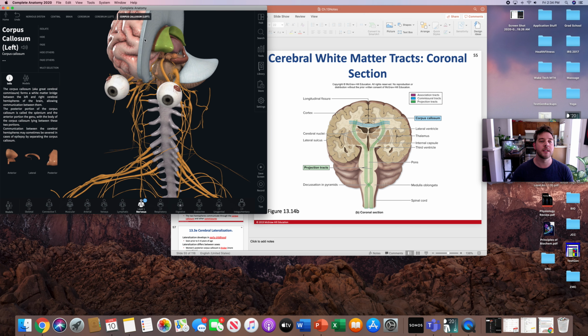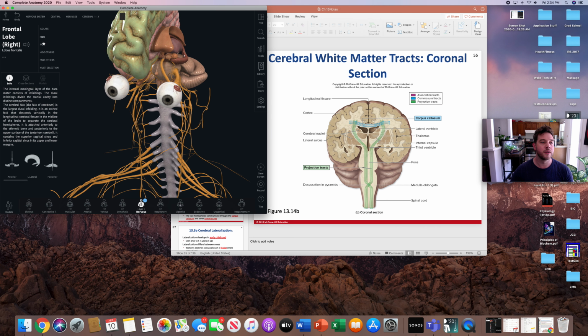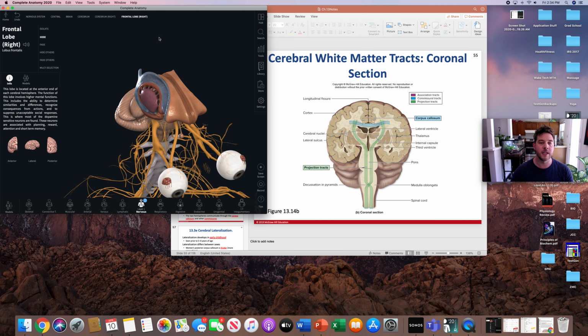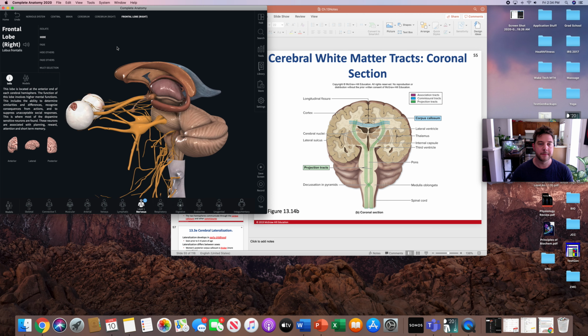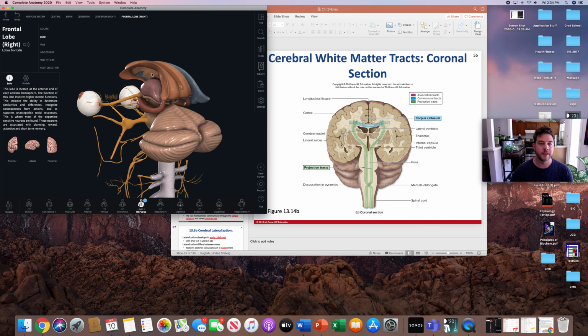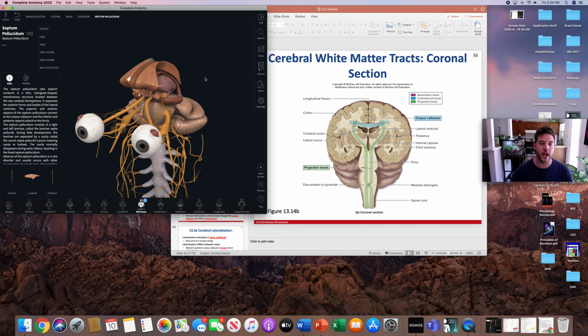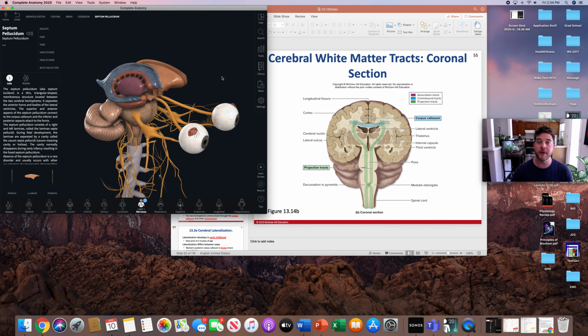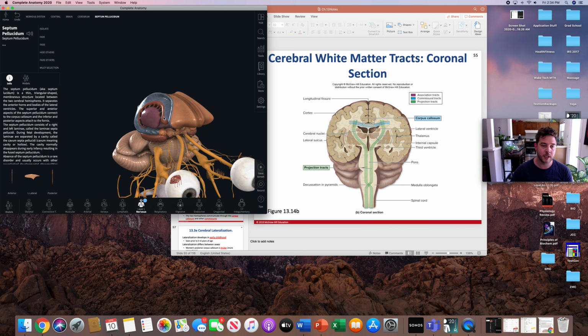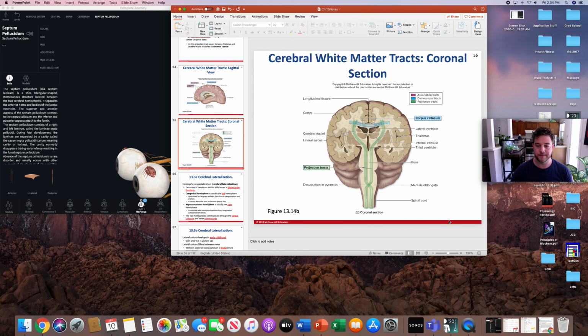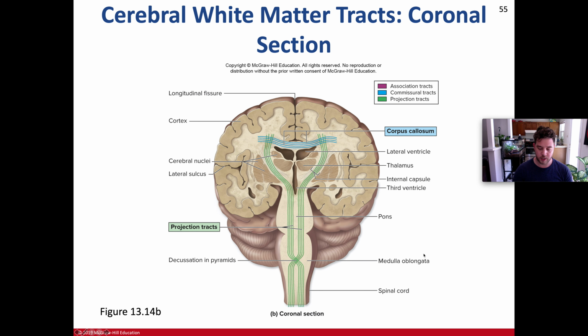It is this large structure that's connecting the two sides of the brain. It is just all axons, made up of axons, just being able to connect and send nerve signals back and forth. Okay, so that's your corpus callosum, one of those commissural tracts.